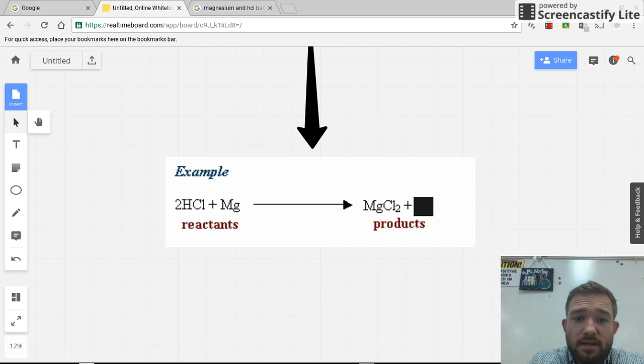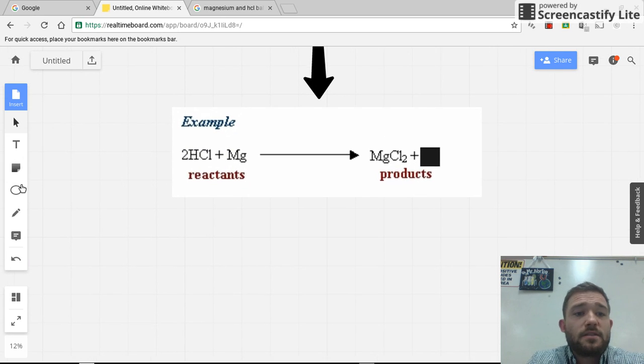So let me scroll down just a little bit here and I can help you out. So I'm going to choose my circle tool, and I know that this 2 here means that there are 2 molecules. That's what the big number means. It's called the coefficient. It tells me that I've got 2 molecules of HCl. So H is hydrogen.